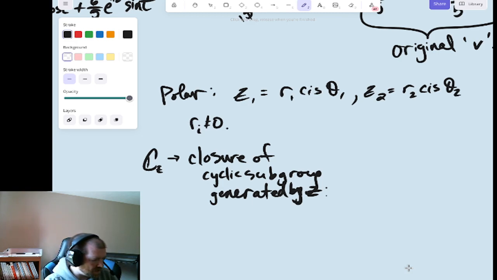If C sub z is going to be the closure of the cyclic subgroup, that should, in theory, mean that we have R equals 1, because if r was anything other than 1, it would either shrink to 0 or grow infinitely.